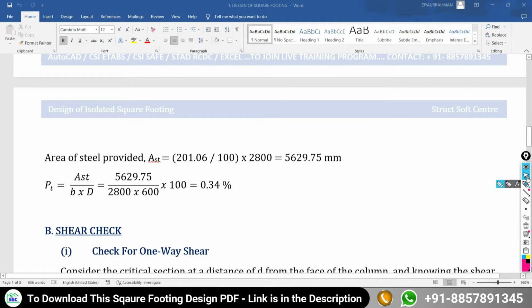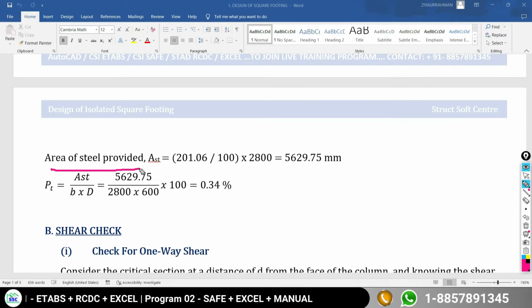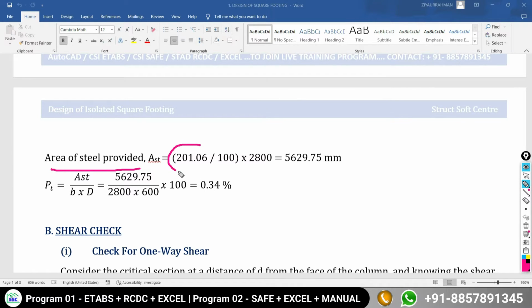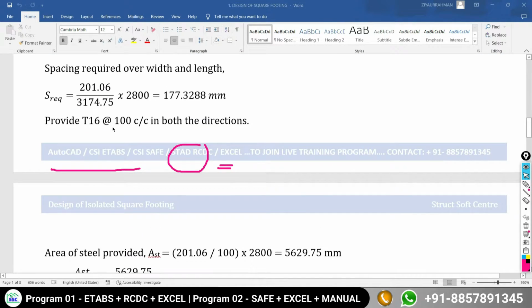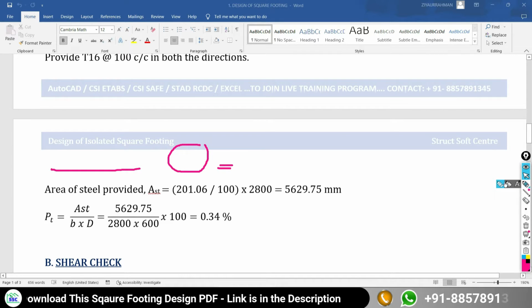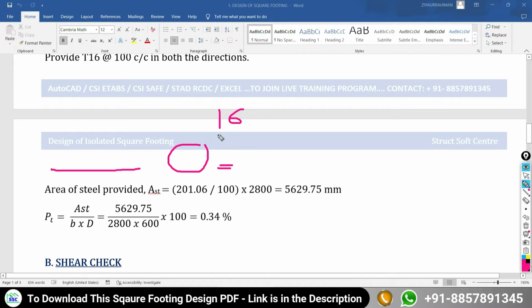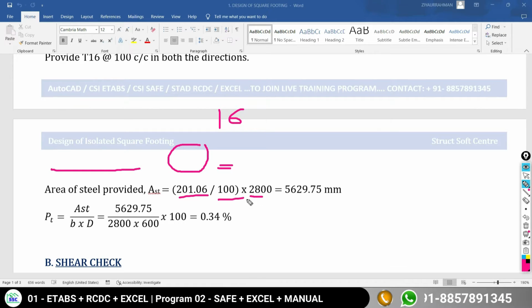Now finally calculate how much area of reinforcement we have provided. So the area of steel provided will equal unit area divided by the spacing that we have decided, 100 mm. The unit area means the 16 mm diameter bar we have selected for both directions. So the unit area becomes 201, divided by 100, multiplied by the total width.